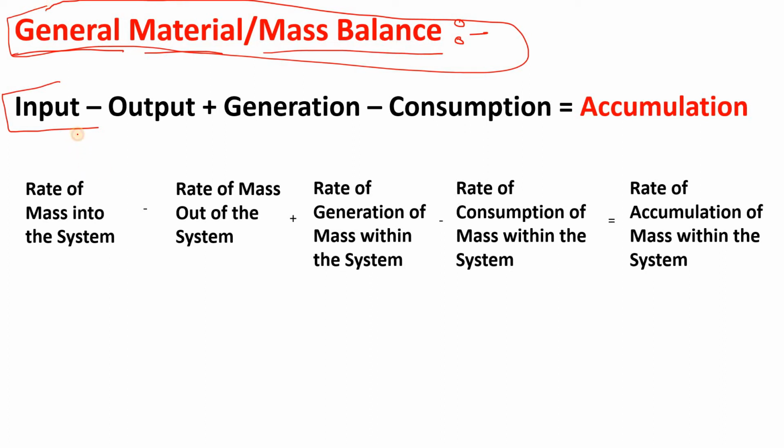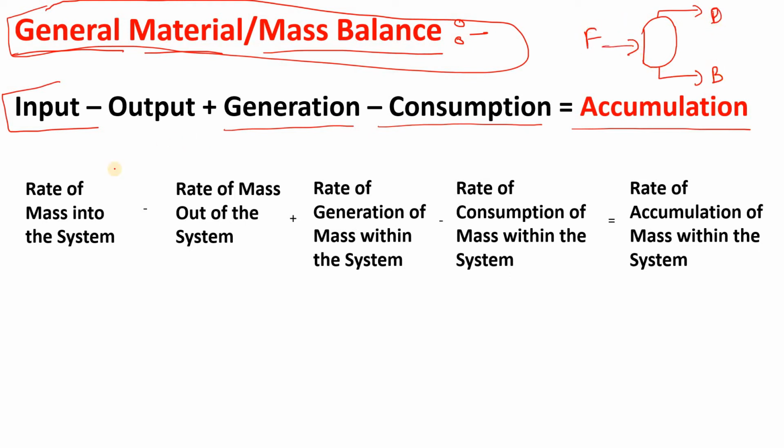And according to that journal material balance, the equation is in minus out plus generation minus consumption is equal to accumulation. You can relate this to a distillation column, or you can also take any other unit operation, no problem. It will be rate of mass into the system minus rate of mass out of the system.